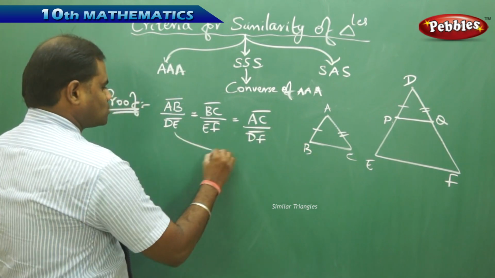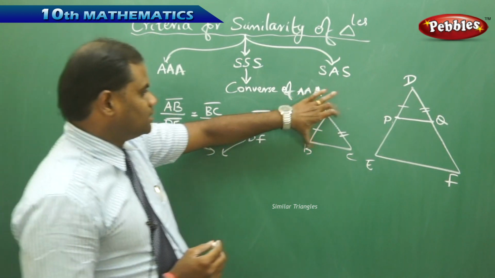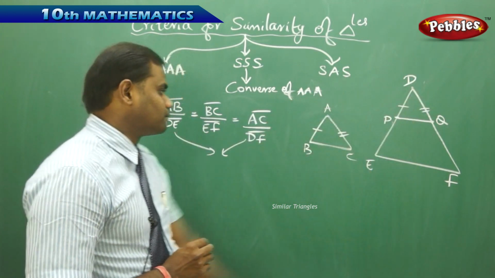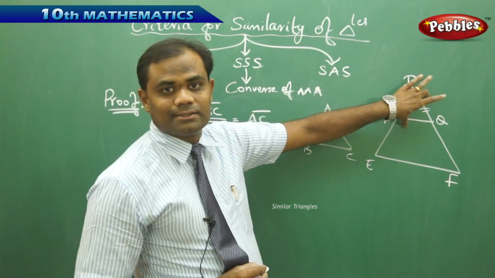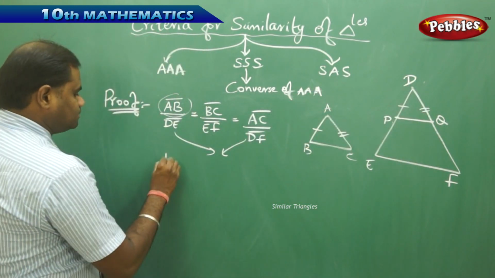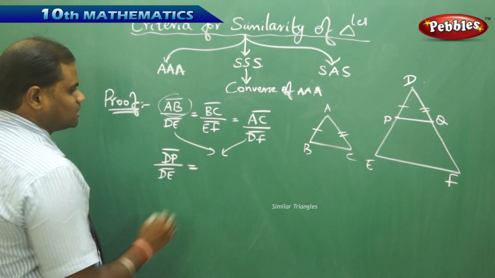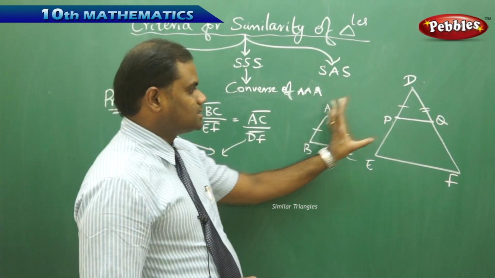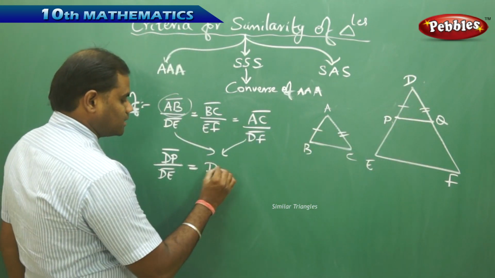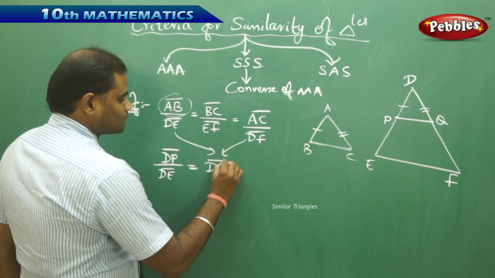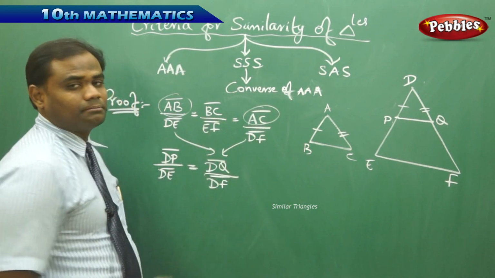Now, as I take these conditions, I clearly understand that AB is equal to DP from the construction. Therefore, in place of AB, I substitute the equal length DP. So this gives me DP by DE is equal to. Similarly, my length AC is equal to DQ, so I substitute the segment DQ in place of AC here, and the denominator remains the same.